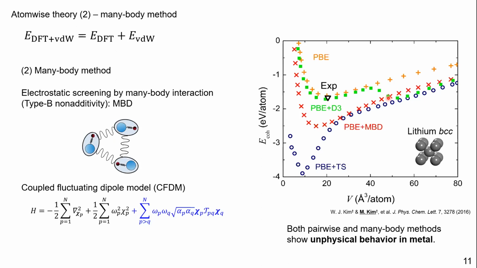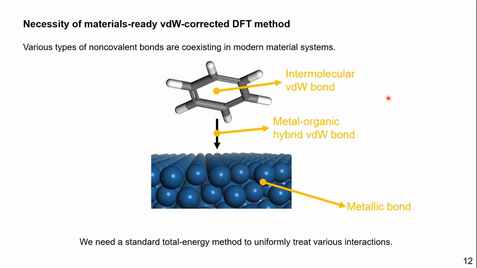These kinds of unphysical behaviors of the conventional van der Waals correction methods raise the question of how we can develop a correct van der Waals correction method for not only molecules but also metals, to describe the interfaces between these two different types of systems.